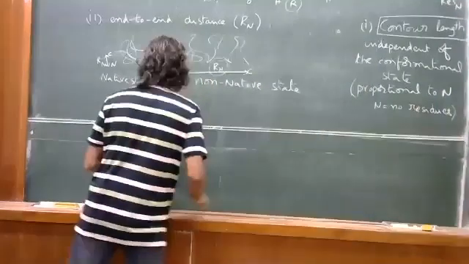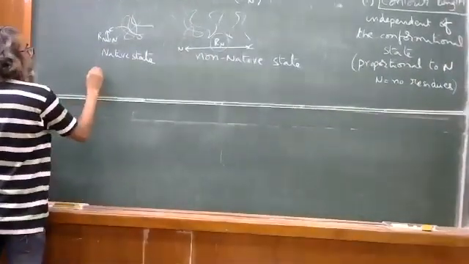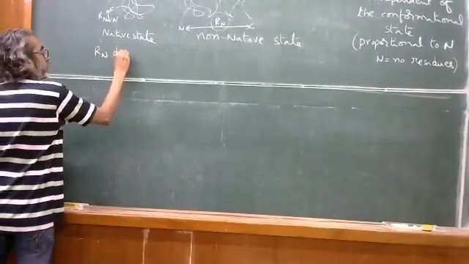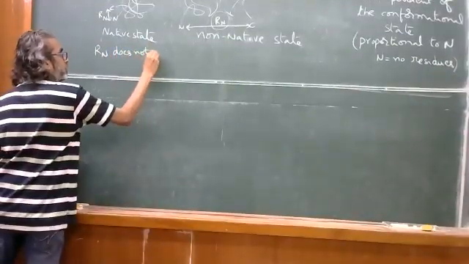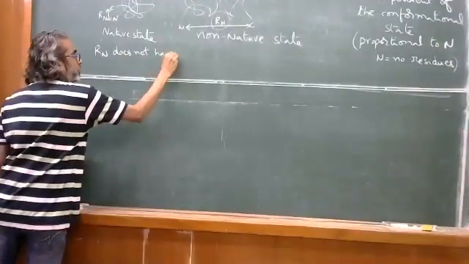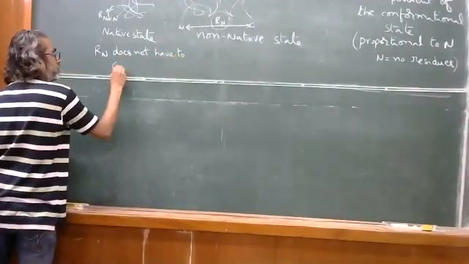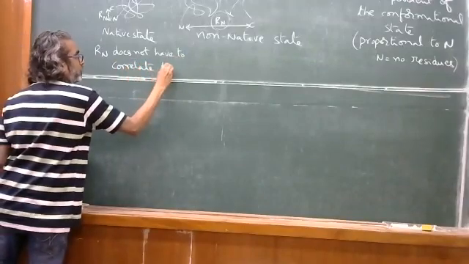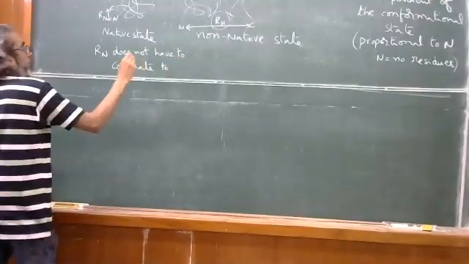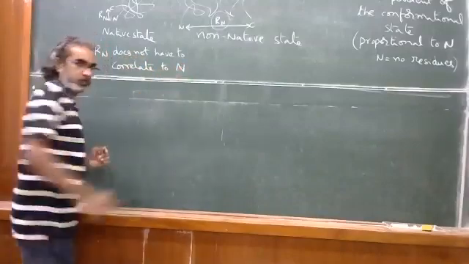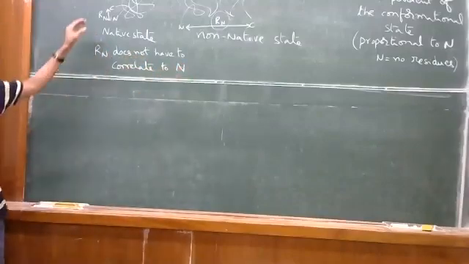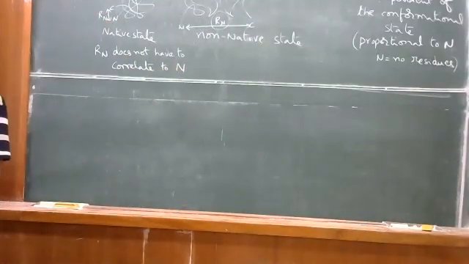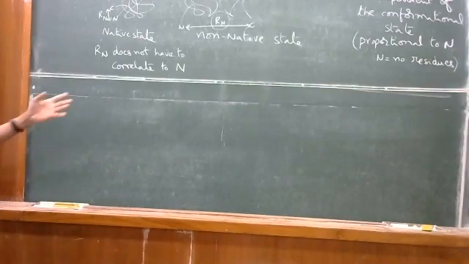But R_n does not have to correlate with n, because you can have a protein structure where the termini are very close to each other, so the protein could be really large.